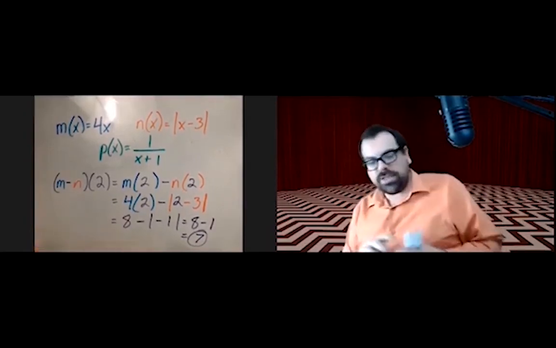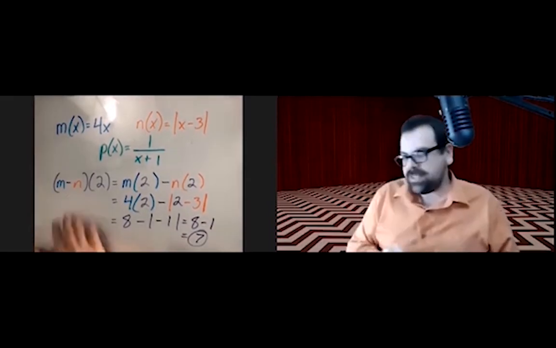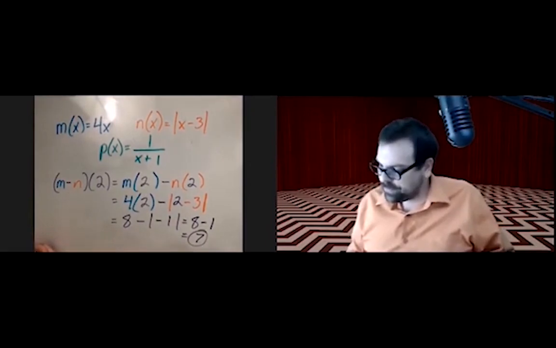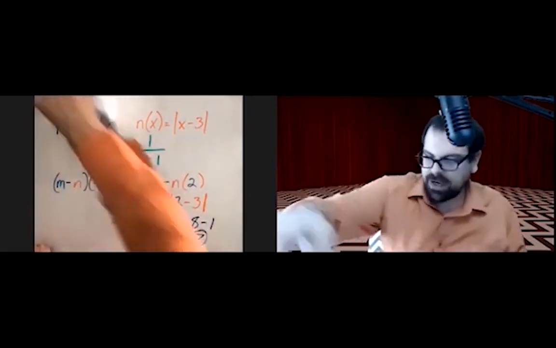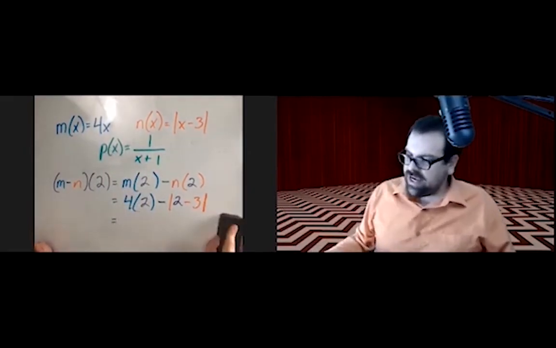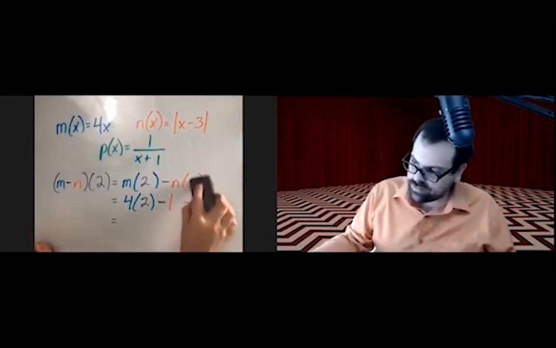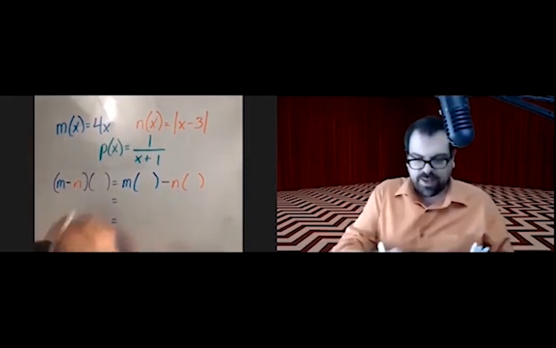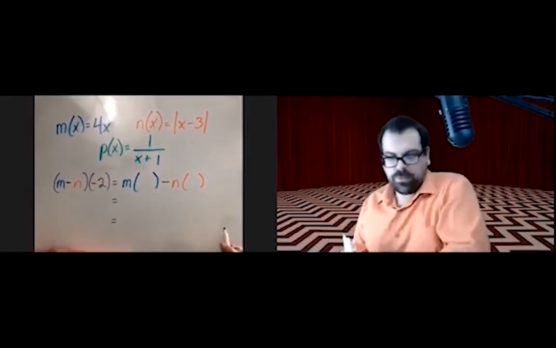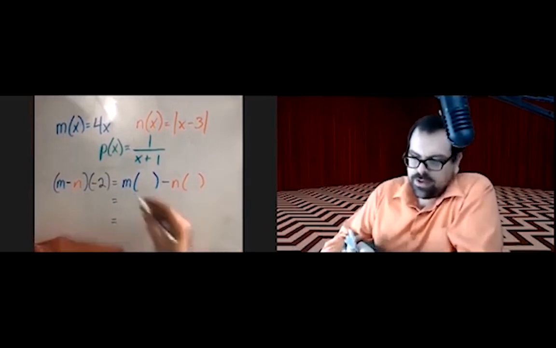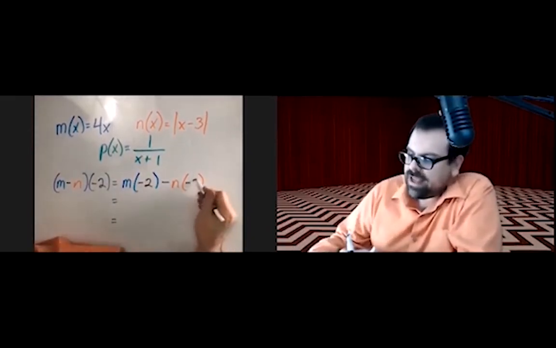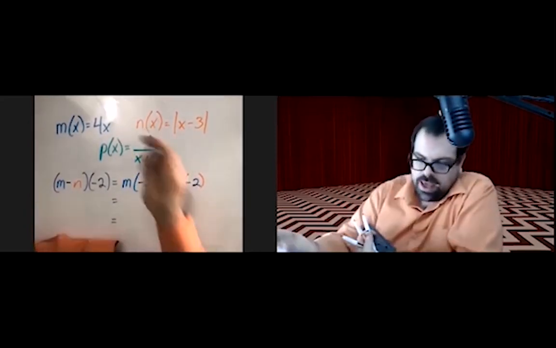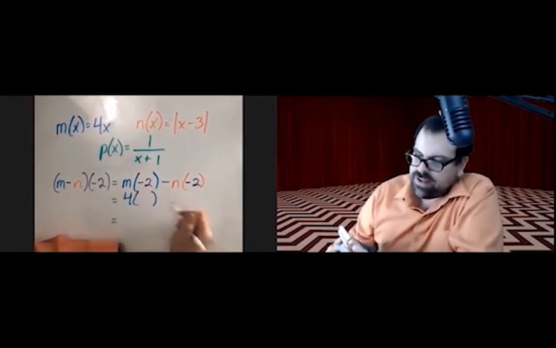Next, let's do the same thing, m minus n, but instead of positive 2, let's find m minus n of negative 2. So our next example, m minus n of negative 2. So that's m of negative 2 minus n of negative 2. M would be 4 times the thing.